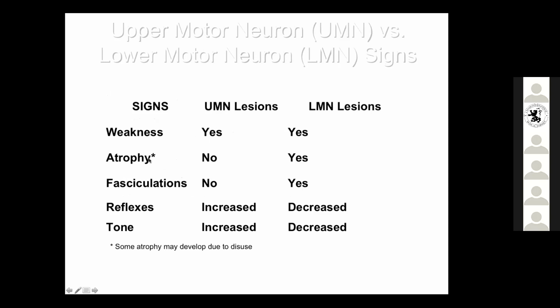There will be atrophy in the case of a lower motor neuron lesion, and the reflexes will be increased in an upper motor neuron lesion. So we can note the Babinski reflex, for example. The tone of the muscle would be increased in an upper motor neuron lesion, but decreased in a lower motor neuron lesion. So we would see spastic paralysis in upper motor neuron lesion and flaccid paralysis in lower motor neuron lesion.